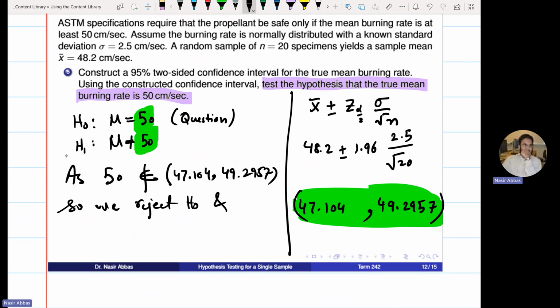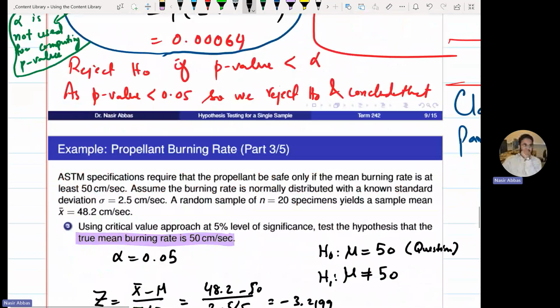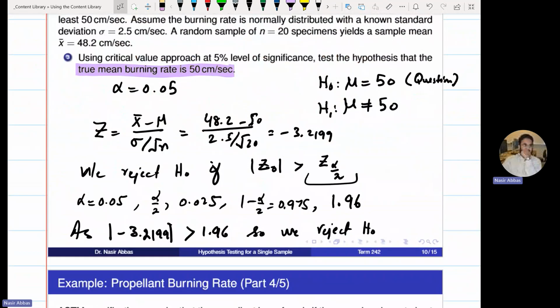So what we learned today is that this hypothesis can be tested using three approaches. It can be tested using the critical value approach. We tested it here in part 3. We computed the value of z. We compared it with the critical value from the z table. And we said that if the absolute value of z is more than the critical value, we reject.